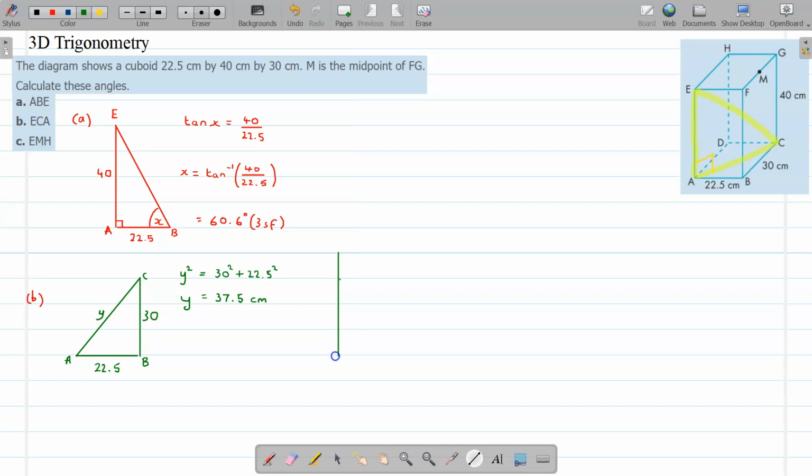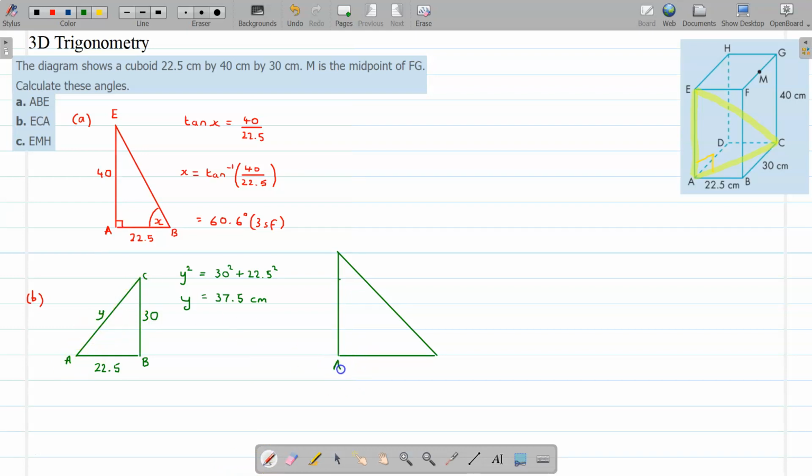It has a height of 40. That's from E to A. From A to C, I now know that's 37.5. And this is my diagonal going from E down to C. So I've worked out the length of the line AC.